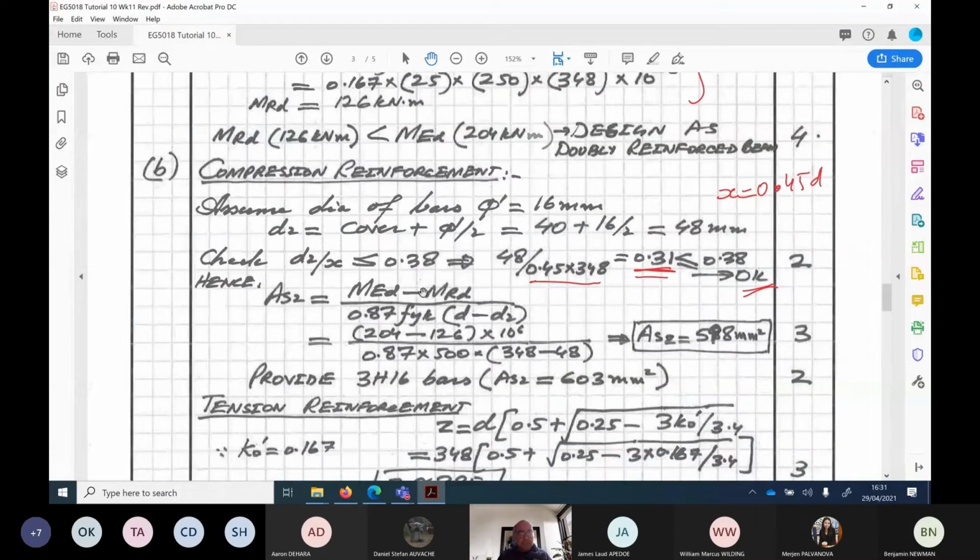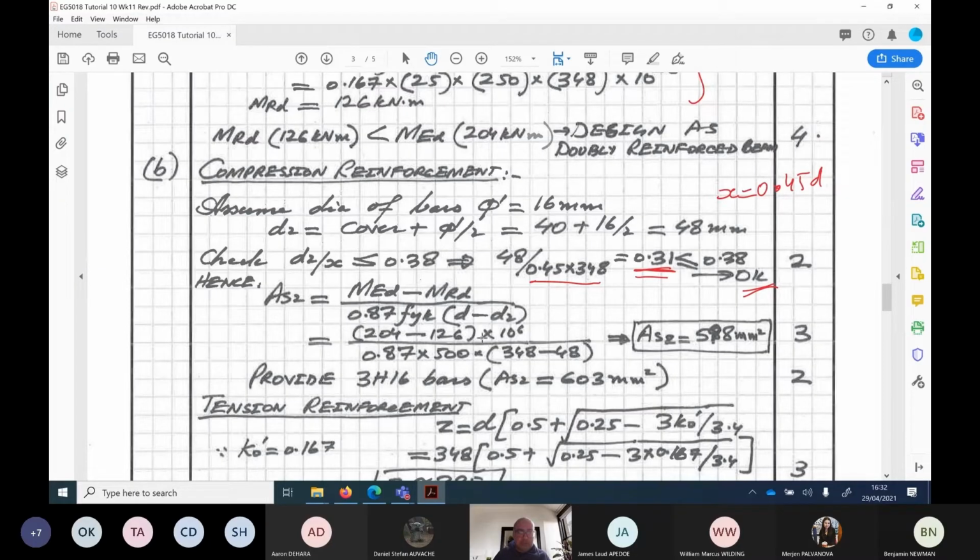AS2 is equal to MED minus MRD divided by 0.87 into FYK into D minus D2, where MED is 204, MRD is 126, FYK is the yield strength of steel, and D we have determined earlier, that is the effective depth 348, and D2 is the distance from the center of compression reinforcement to the top fiber. When you put these values, now again you're putting MED and then MRD. Now the difference is going to be 78.